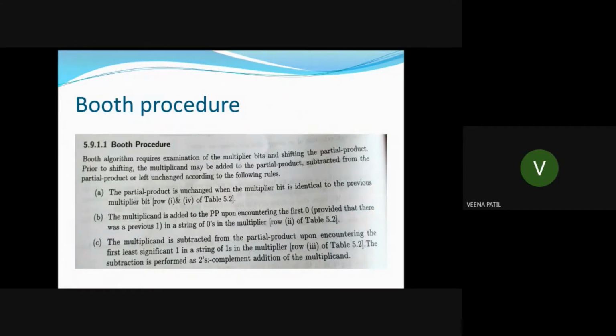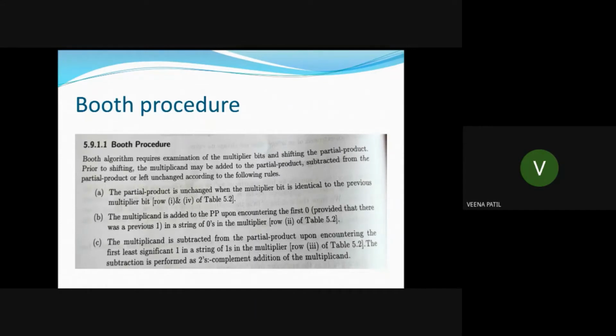Booth's algorithm requires examination of the multiplier bits and shifting the partial product. Prior to shifting, the multiplicand may be added to the partial product, subtracted from the partial product, or left unchanged according to the following rules. So, what are the rules? The partial product is unchanged when the multiplier bit is identical to the previous multiplier bit.